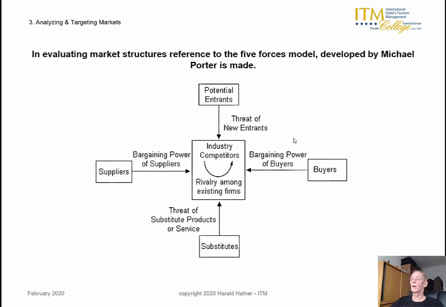Besides that, 4 other factors and forces apply, namely the potential entrants, the threat of new entrants as outlined here, the bargaining power of buyers and of suppliers. The higher the bargaining power of buyers and suppliers is, the higher the degree of competition within a market. And last but not least, the substitutes that exist, the threat of substitute products or services.